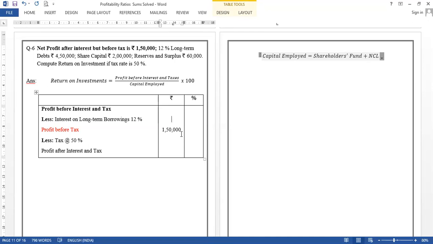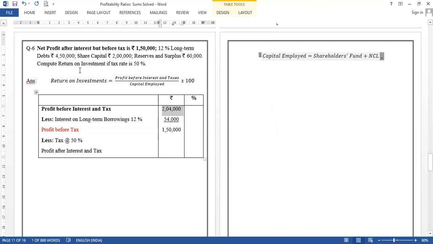This interest is on long-term borrowings, and long-term borrowings is long-term debts over here, that is 4,50,000. 12% of 4,50,000 will be 54,000, right? So that is the interest on long-term borrowings, and profit before interest and tax will come to rupees 2,04,000. Okay, because we always move in the reverse order with the help of this table, so I just need to add 1,50,000 plus 54,000 to get profit before interest and taxes.